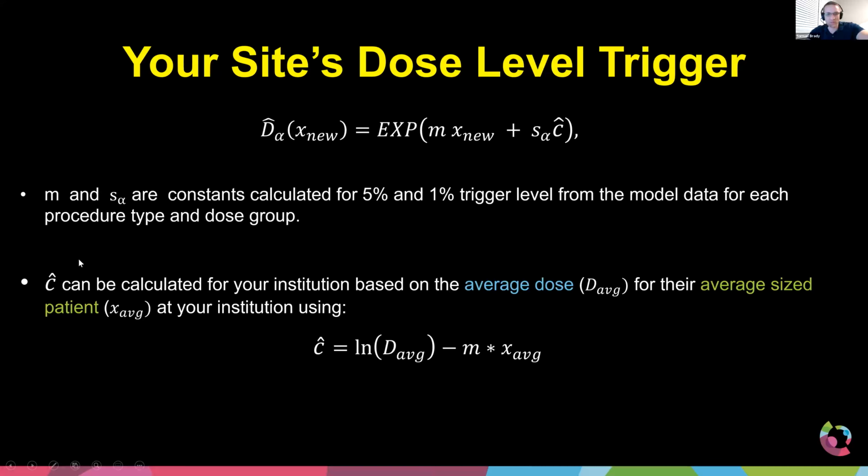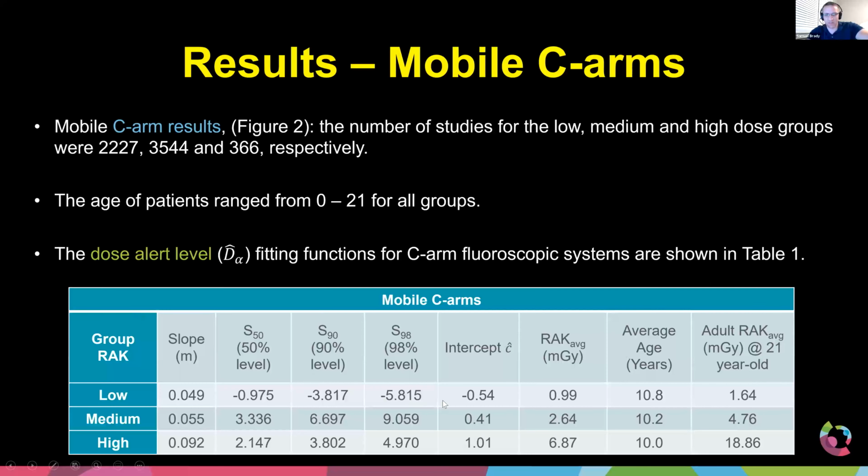So you use this equation to scale your doses so you can use our data. You take the average dose from an average sized patient, this X average, and you apply it to this equation. For all of the different C-arms and various fluoroscopic systems, I have these plots here.